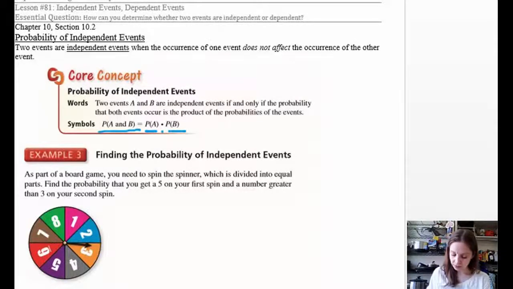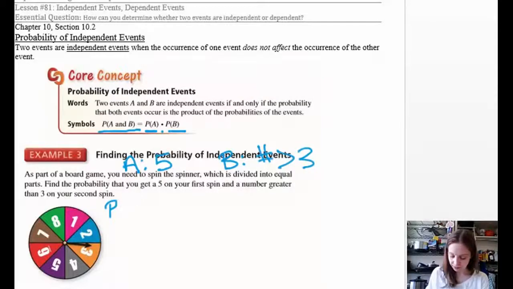For this example, event A is getting a 5, and event B is a number greater than 3.